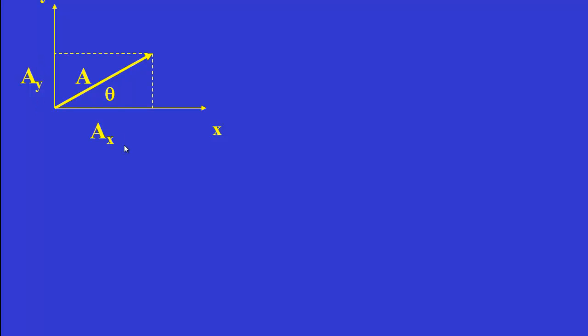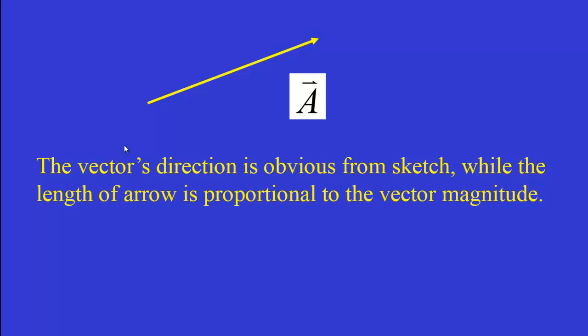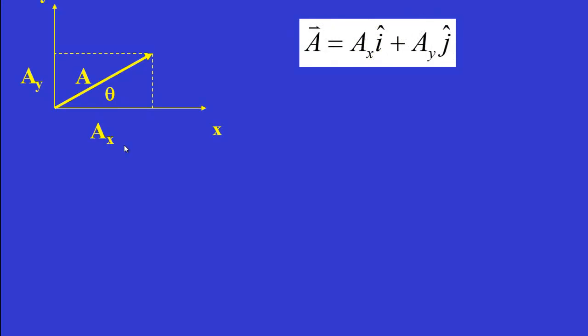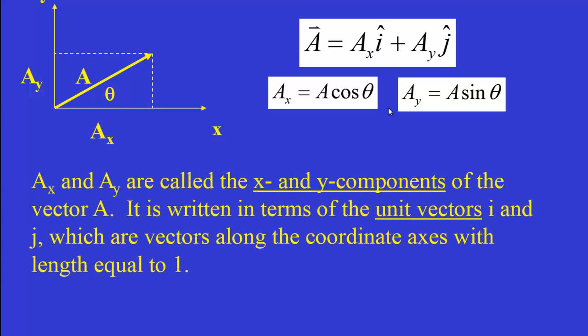So we can indicate this vector not just by drawing a sketch, although a sketch can often be useful, but we can indicate it by writing an equation that makes use of something called a unit vector. i hat and j hat are unit vectors that tell us that the vector A has a portion which we denote as A sub x lying along the x direction.